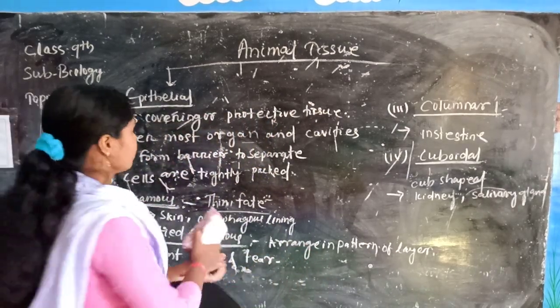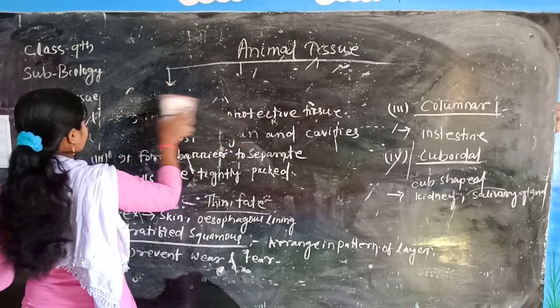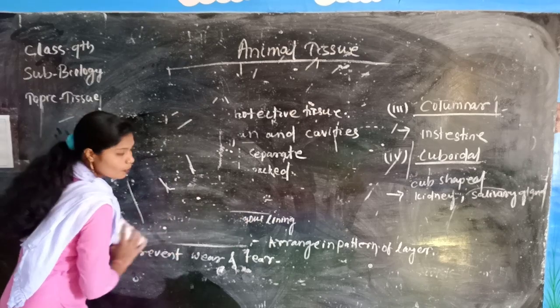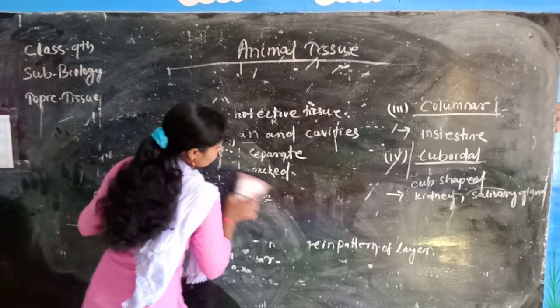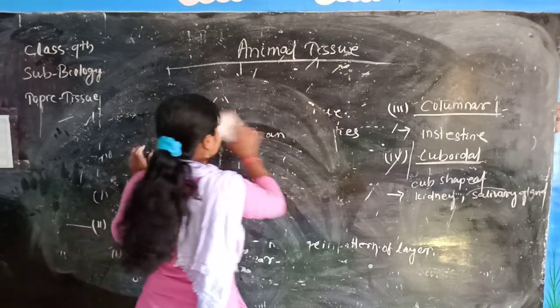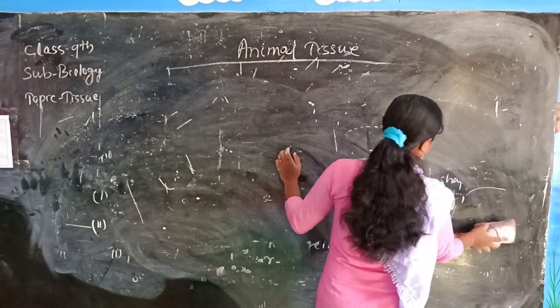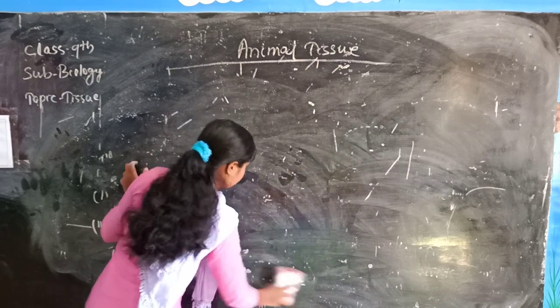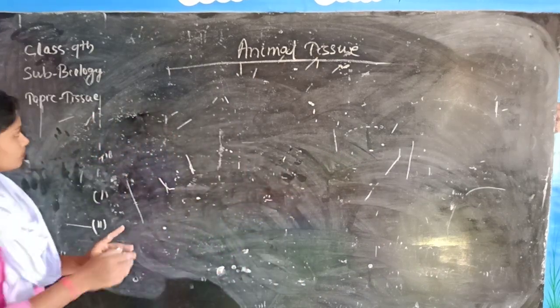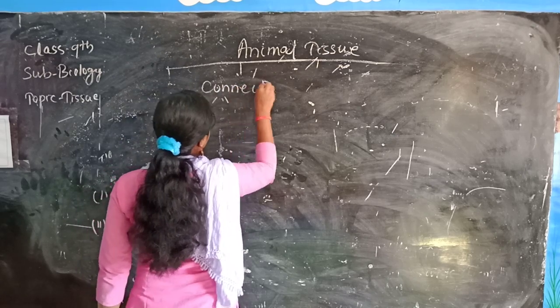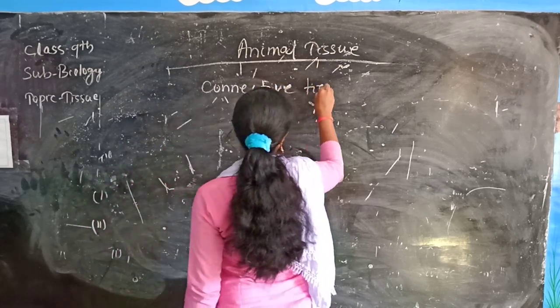Next to see the connective tissue, another animal tissue, that is connective tissue.